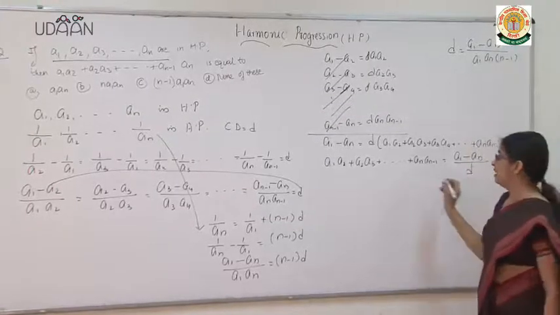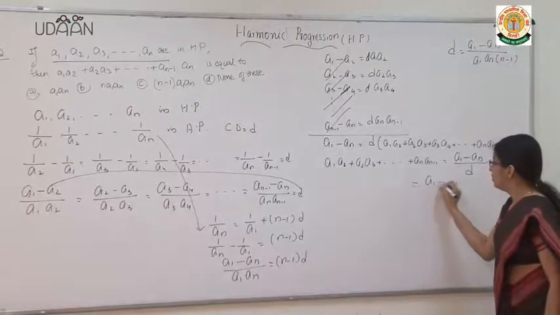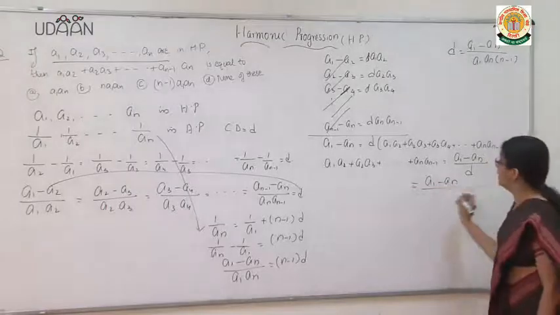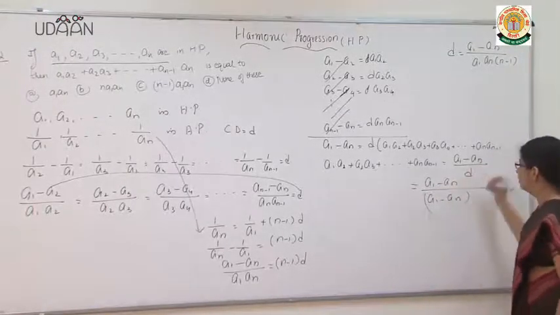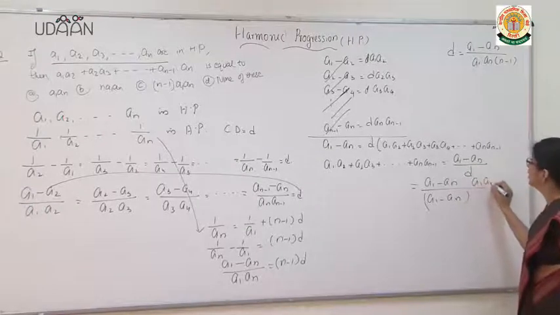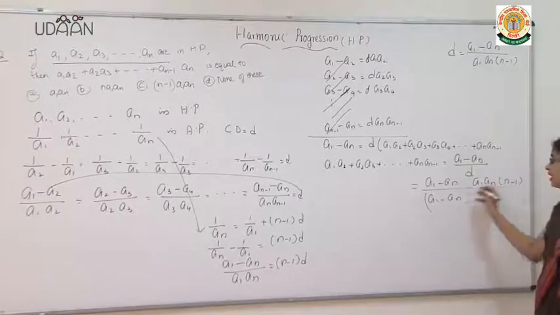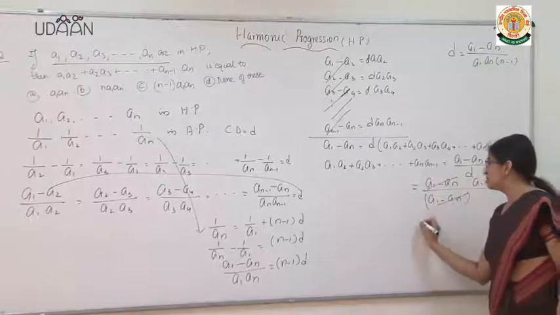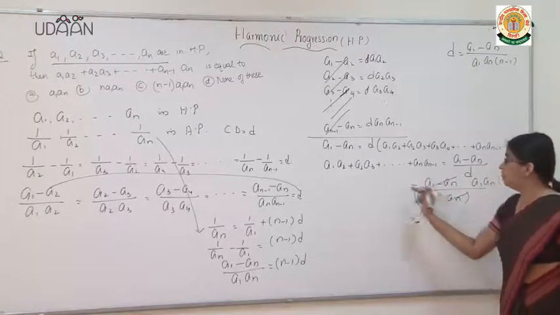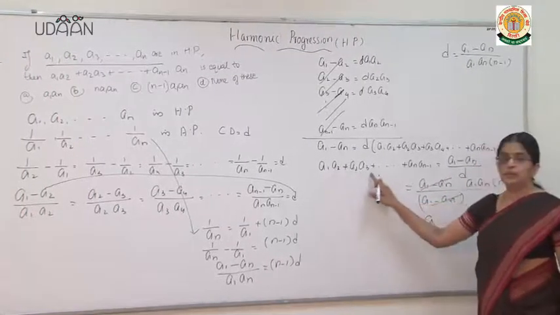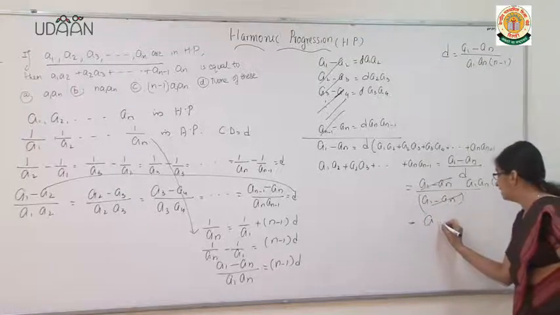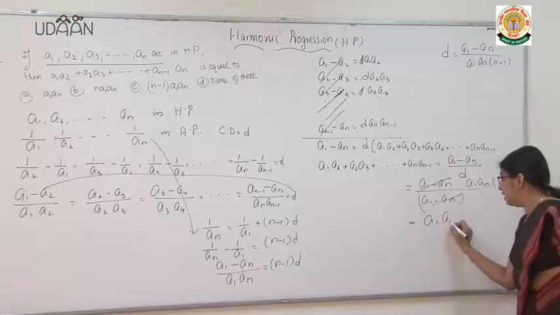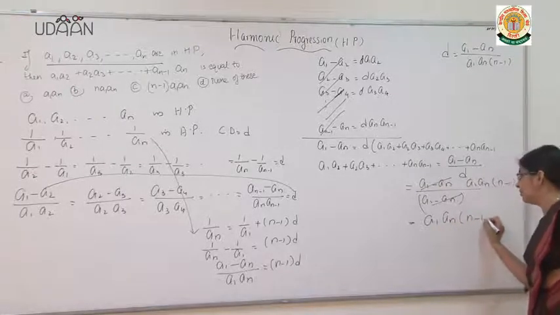Put the value over here. A1 minus An divided by D is A1 minus An divided by, it goes to the numerator, A1 An into n minus 1. It cancels out to get the value of A1 A2 plus A2 A3 plus etc. An minus 1 An as A1 An into n minus 1.